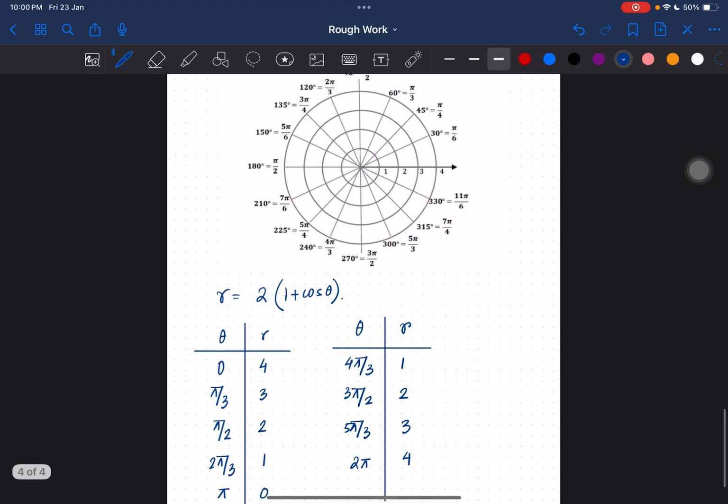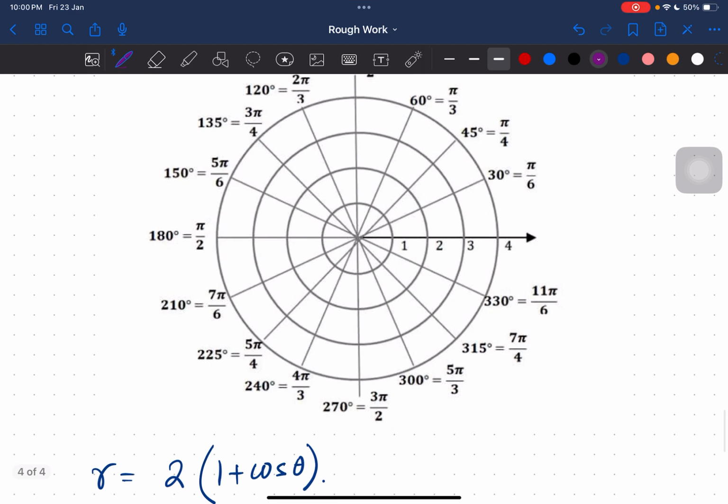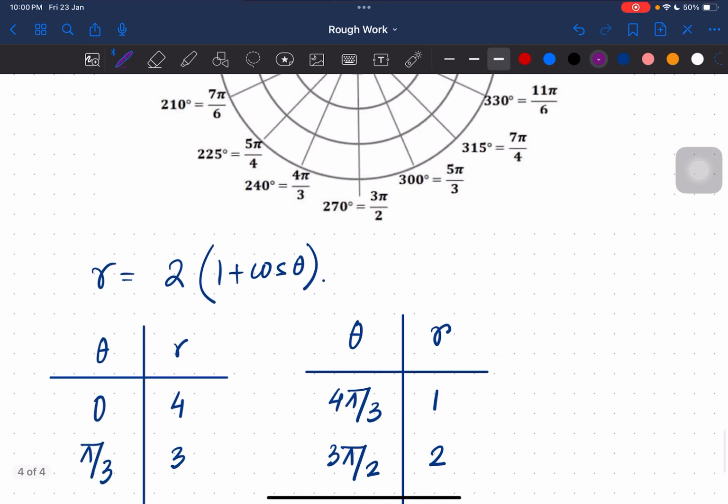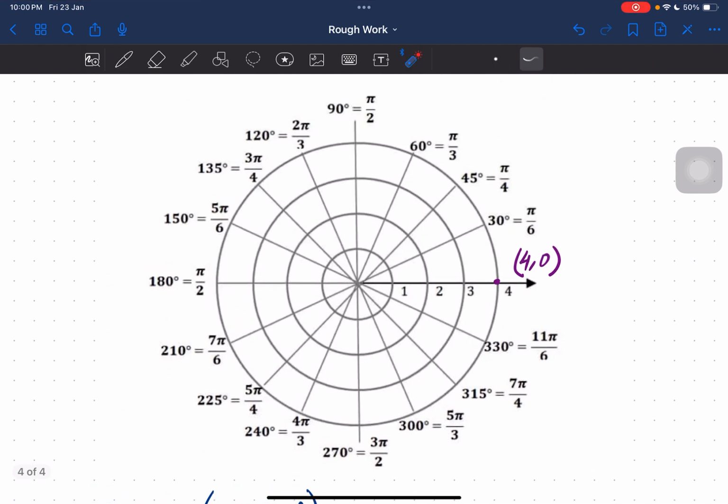So let us plot the points one by one, and then we'll join these points to get the figure. It starts from r comma theta, so 4 comma 0. This is my point 4 comma 0. Next point is 3 comma pi by 3. Pi by 3 is this line and 3 means this circle, so 3 comma pi by 3 is this one.